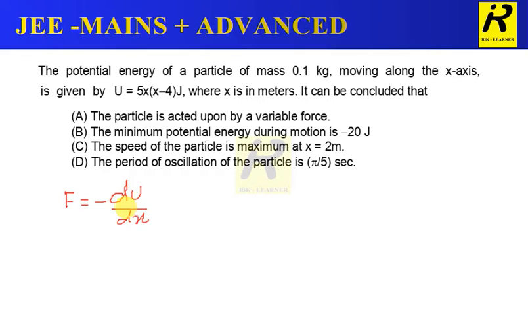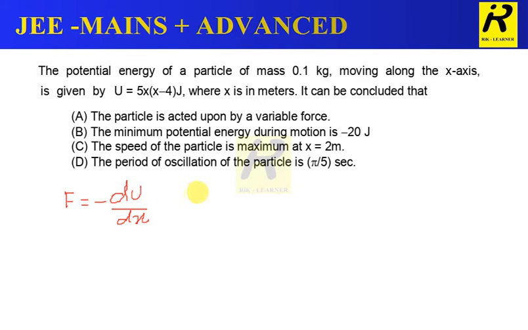This can be written by using the formula W equals F into dx. Further, if I differentiate the given equation with respect to x, I may get some relation for the force and the displacement.